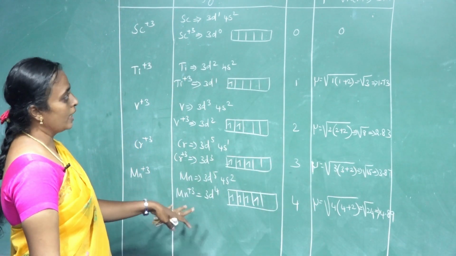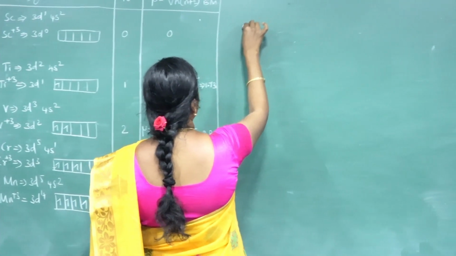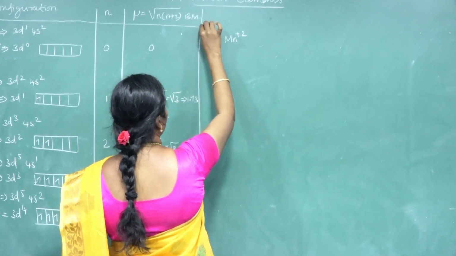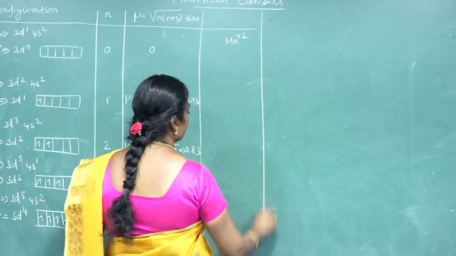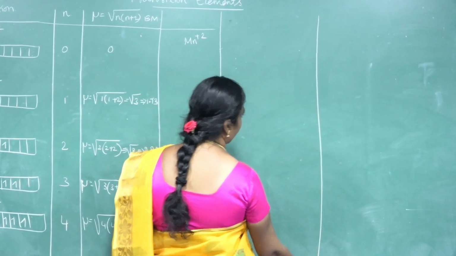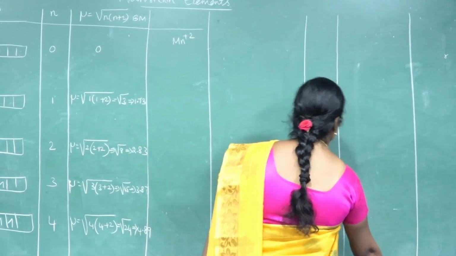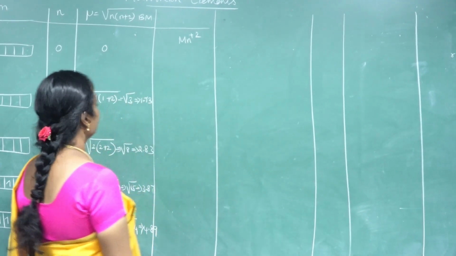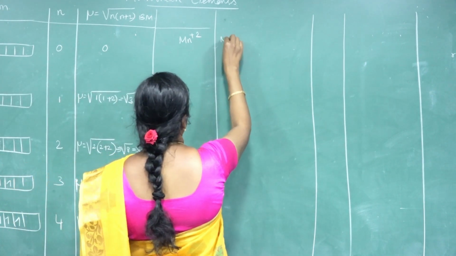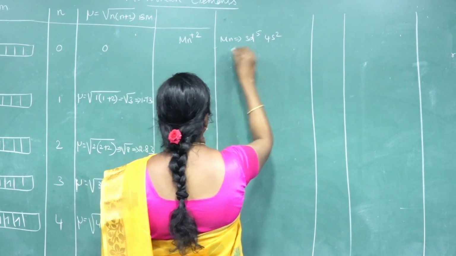Next we calculate the same for the complex ion Mn plus 2. We need the d configuration and the number of unpaired electrons, and from that we calculate the magnetic moment value. For Mn, the configuration is 3d5 4s2.